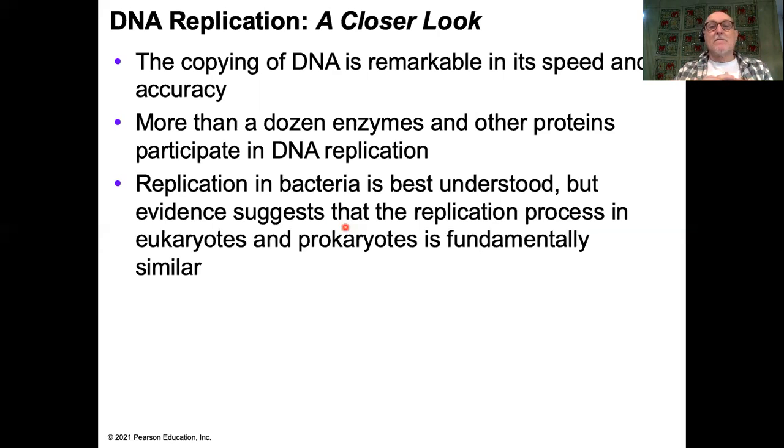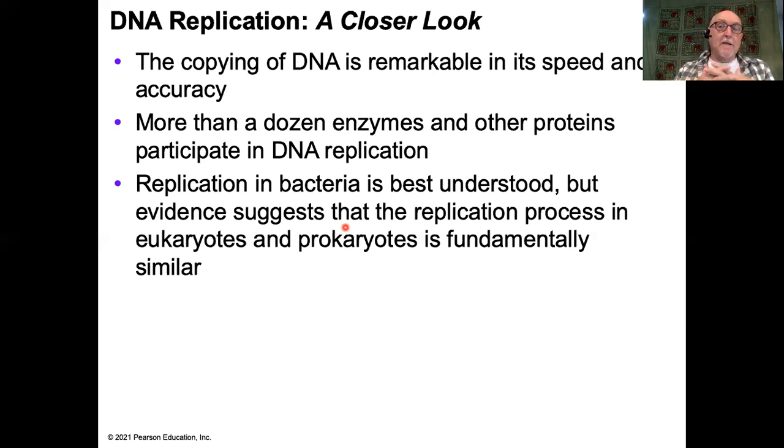There are more than a dozen enzymes and some associated proteins which are involved in DNA replication. Most of the processes of DNA replication were elucidated in prokaryotes, where it was rather simpler to work it out because they have a much smaller genome and they only have one chromosome.